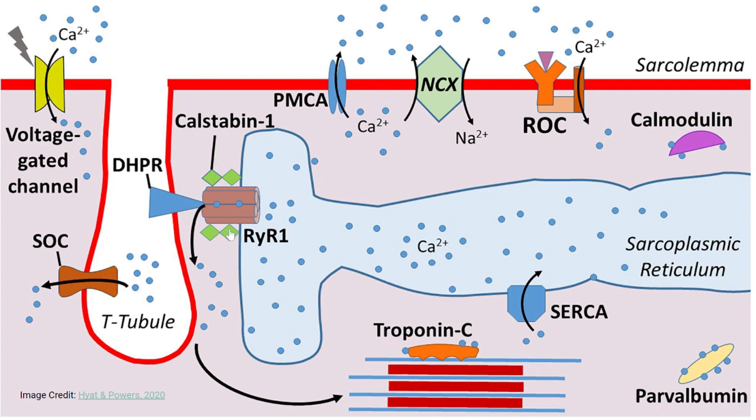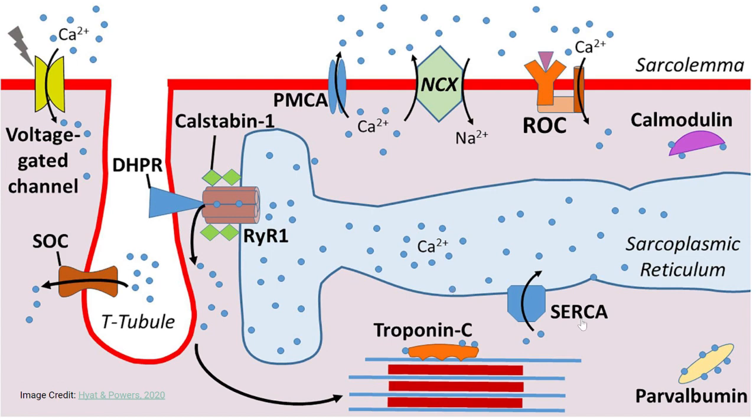The first one is this ryanodine receptor, which is the channel from where the calcium causing the sliding filament mechanism comes from, as it releases stored calcium from the sarcoplasmic reticulum. Here we have the sarcoplasmic reticulum. This is where the calcium is stored. This channel is how the calcium leaves the sarcoplasmic reticulum.